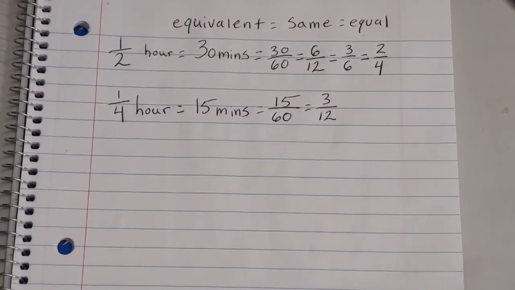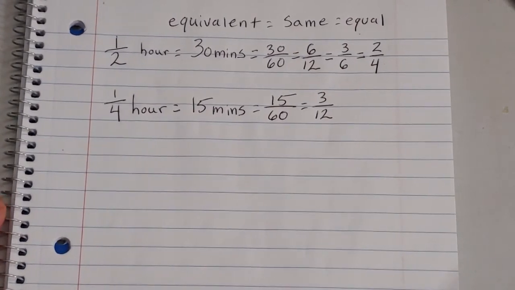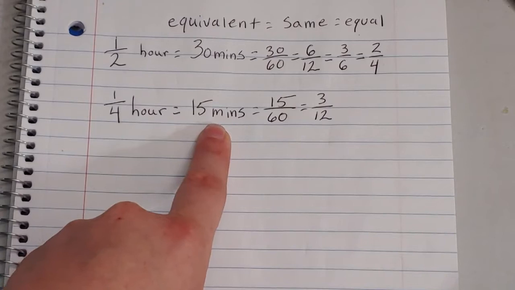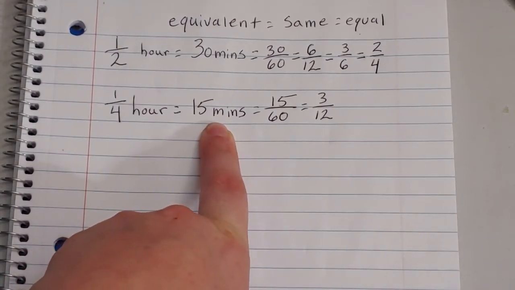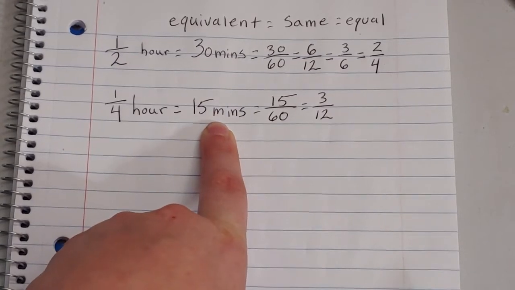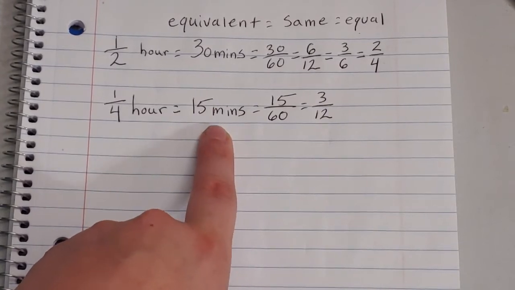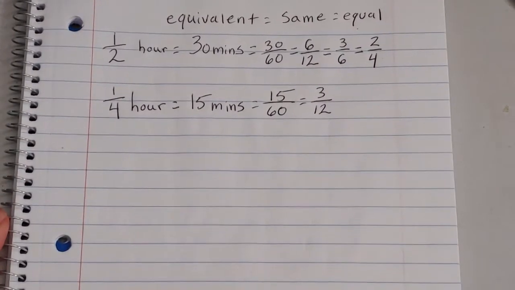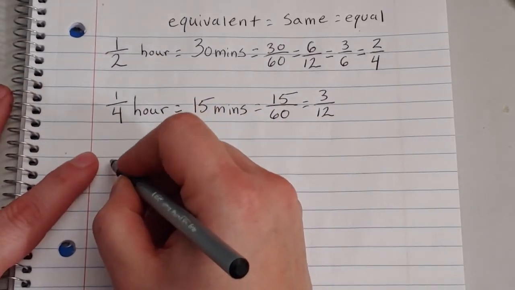You ever heard your parents talk about it's quarter past or quarter till when they're talking about time? Now you know they're talking about 15 minutes after. So if they're saying it's a 9:15, it's 15 minutes after 9. Or if you ever heard them say it's a quarter till 9, it means it's 15 minutes to 9, so 8:45. Now you know fancy time language. Ooh, you can go impress everybody with your magical words.